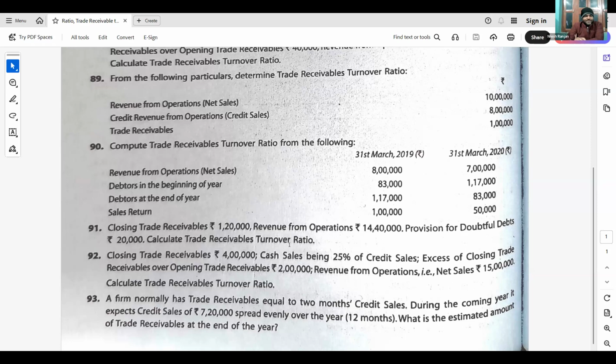Question number 92 it is. Everyone, if you want to try, please try. At the end, I will show you the solution, but it doesn't mean that you don't have to try.